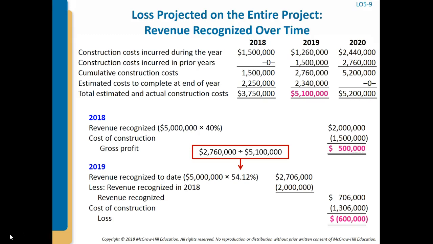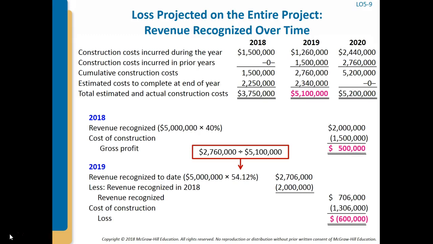Each year we calculate the revenue to be recognized in the normal fashion, multiplying total revenue to be recognized by the percentage of completion. In situations where a loss is expected on the entire project, we have to back out any gross profit recognized in prior periods and also recognize the overall loss.